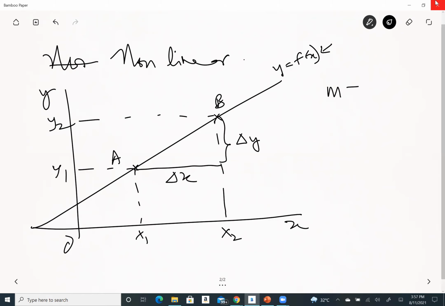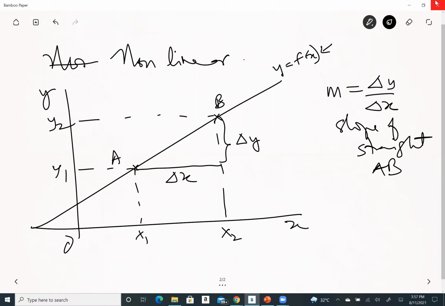So m is equal to delta y over delta x, and that will be the slope of the straight line AB. And of course, it's a linear function, so it's the same everywhere. You can extend the line up to whatever you want. Constant slope. So we know the slope of a linear function.